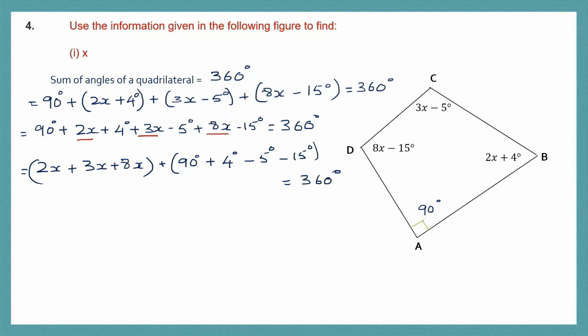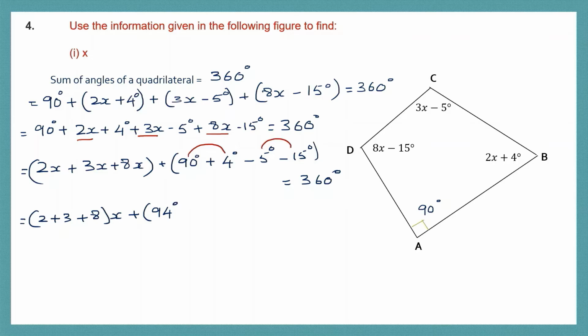So let's work that out. Here we have 2 plus 3 plus 8x, plus, now let's work out 90 plus 4, which is 94 degrees. Now let's take the other two.